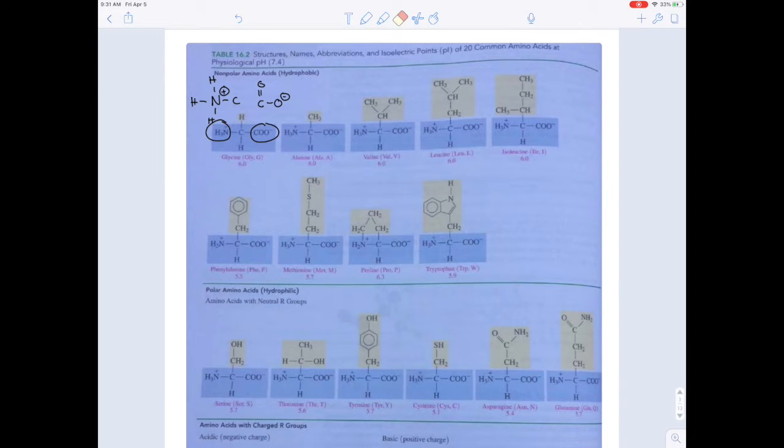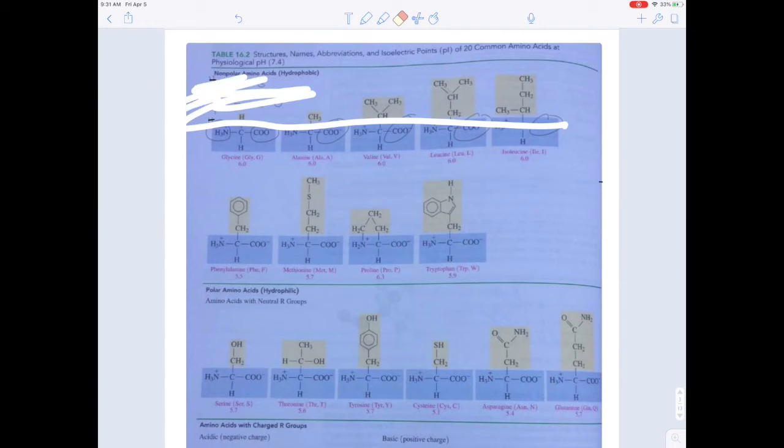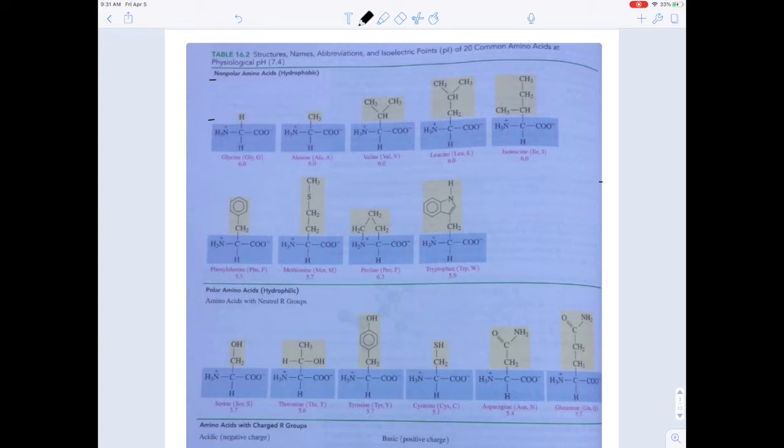So on every single one of these, you also have that carboxylic acid. Technically, when a carboxylic acid loses an H, it's called a carboxylate. And so these have the amine groups and the carboxylic acid groups, or the carboxylates. And so you can recognize all of these things on this table as amino acids.